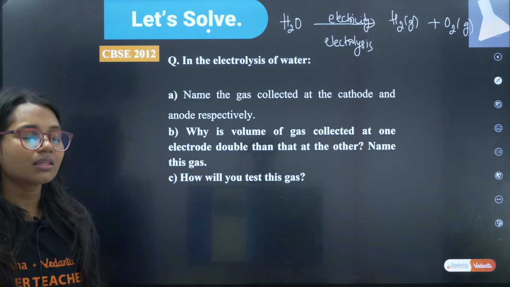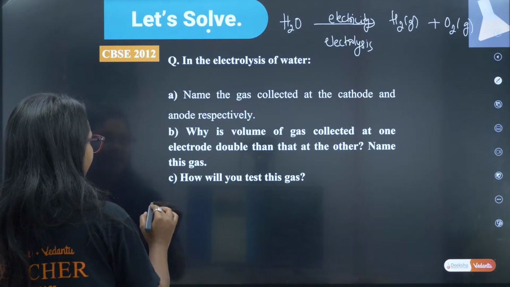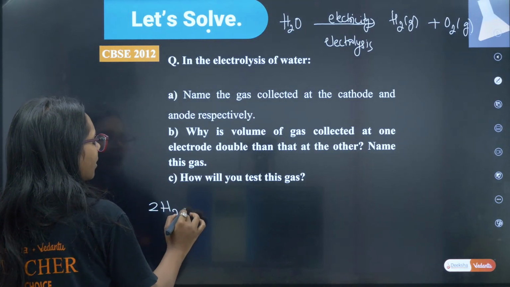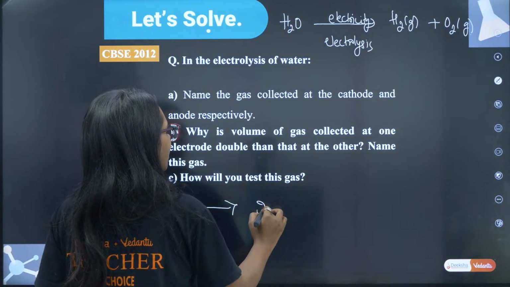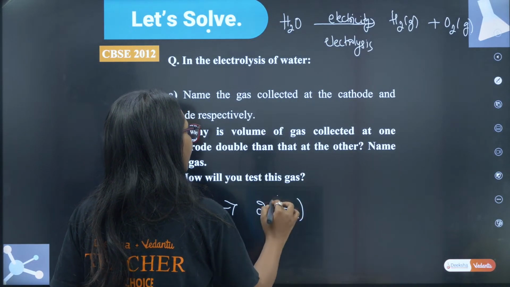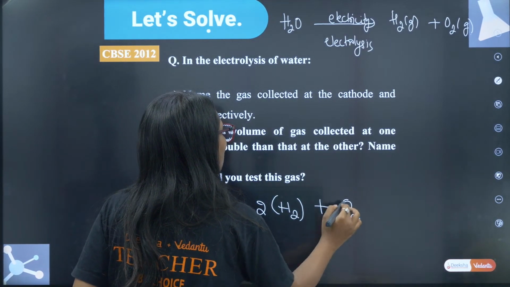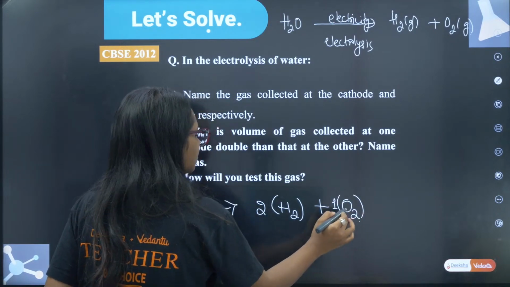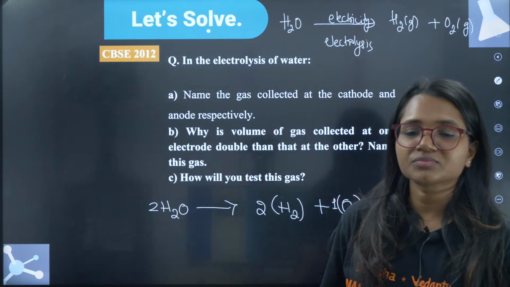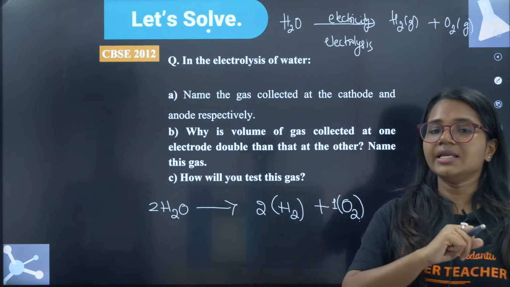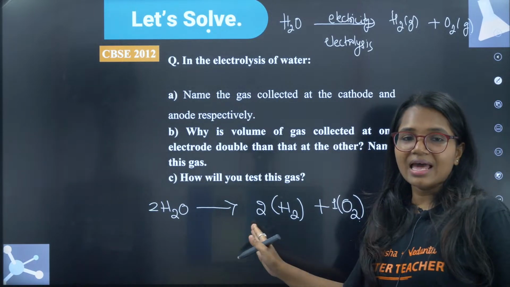If I have to write the balanced reaction, what will I write? 2 water molecules will give you 2 H2 molecules and O2 molecule will be only 1. Correct? Yes. It is not balanced before, and now this reaction is a balanced reaction.